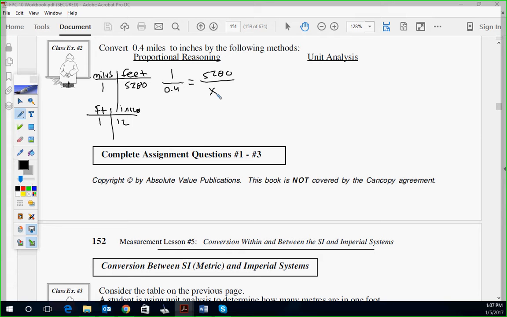First we're figuring out how many feet 0.4 miles is, because 5280 is feet in a mile. When you cross multiply, it's x times 1, that's x, and 0.4 times 5280 is 2112.